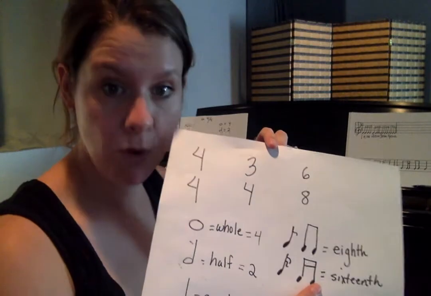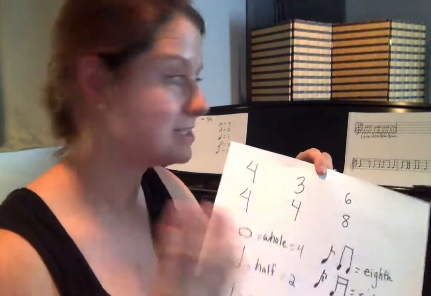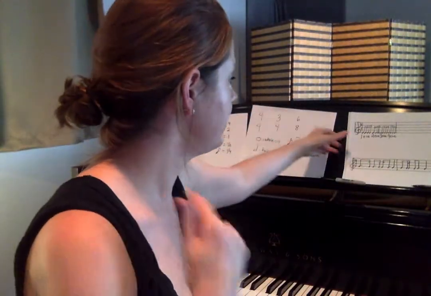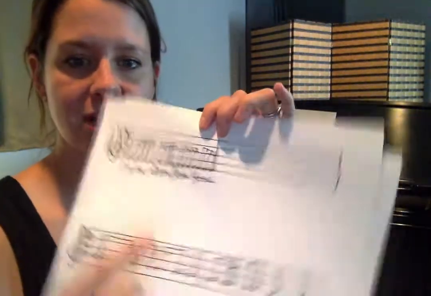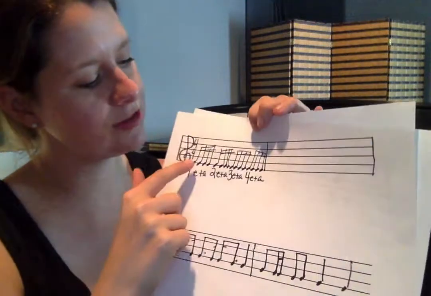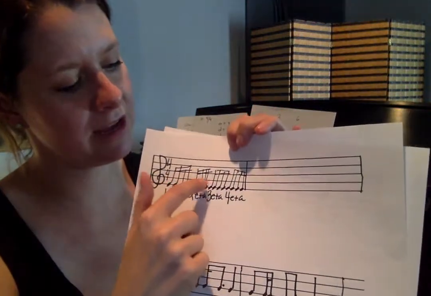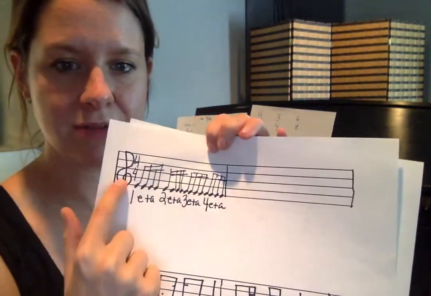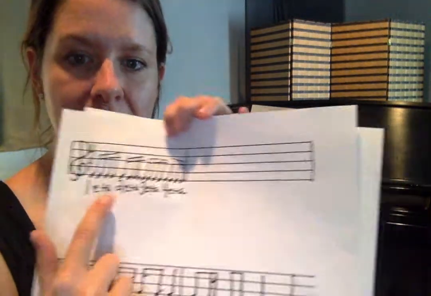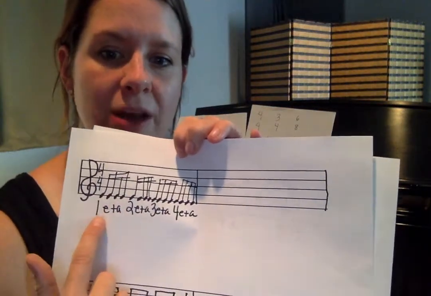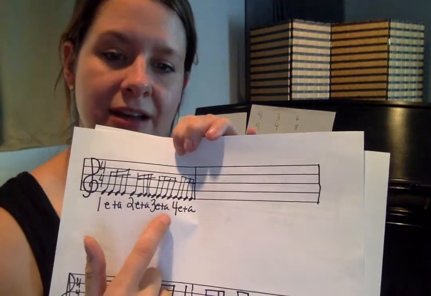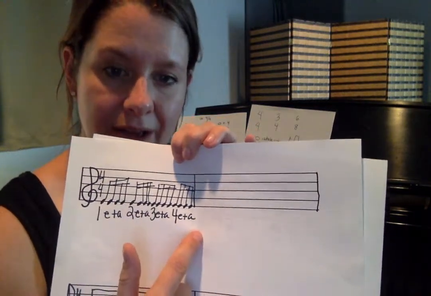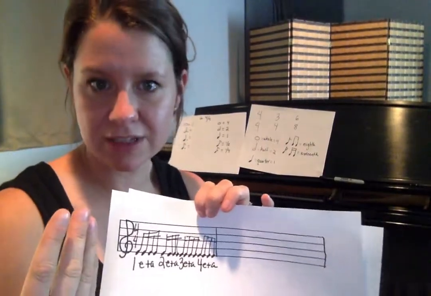So we need more symbols and more syllables to say. So we have the 1 and the and, then we add E and A. So it looks like this measure here. Look at all those 16th notes. 4, 8, 12, 16 16th notes in one measure of 4/4. And we say it like this: 1 E and A, 2 E and A, 3 E and A, 4 E and A. I said 16 different things, so I have 16 different things for the 16th notes.